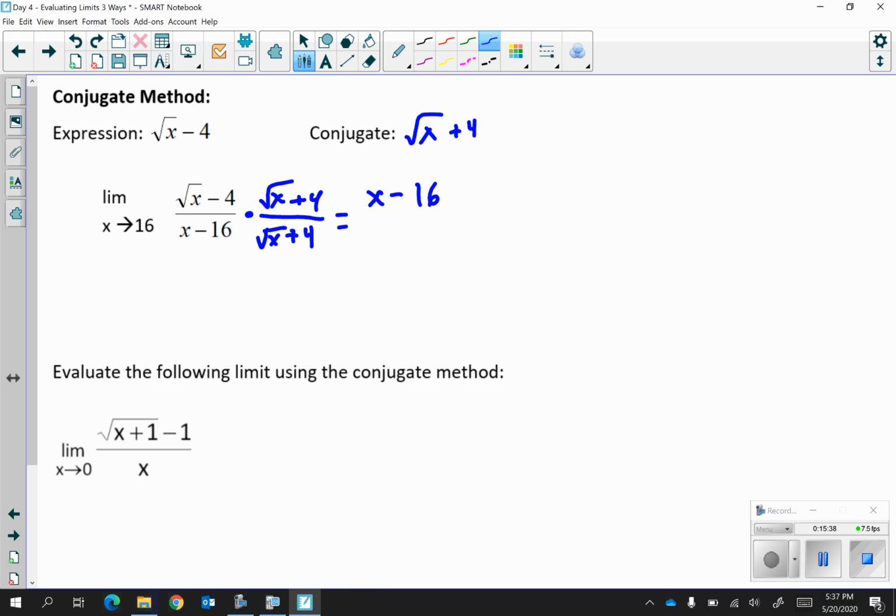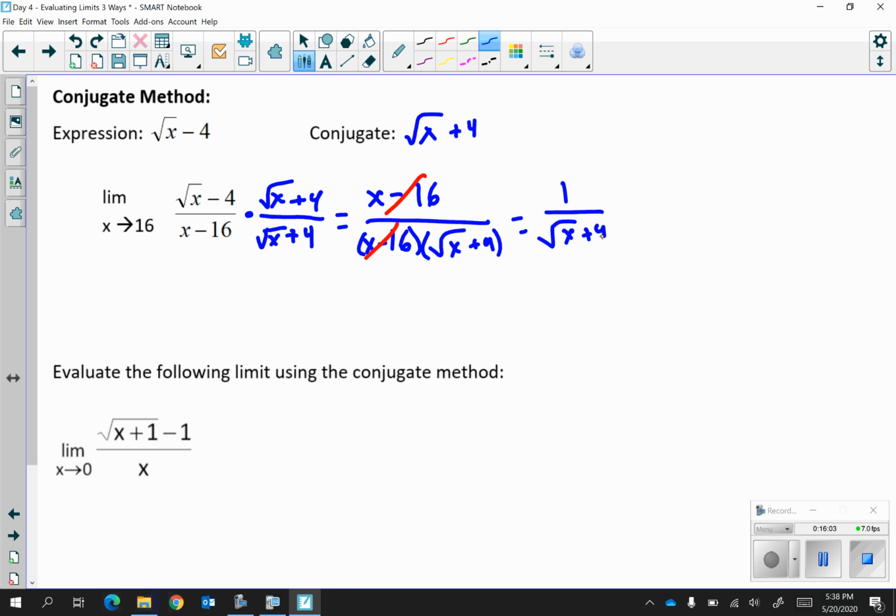Now in the bottom, I still have the x minus 16 times the square root of x plus 4. And now, no more square roots, we got rid of them. x minus 16 cancels out with x minus 16. You're going to be left with 1 over the square root of x plus 4.